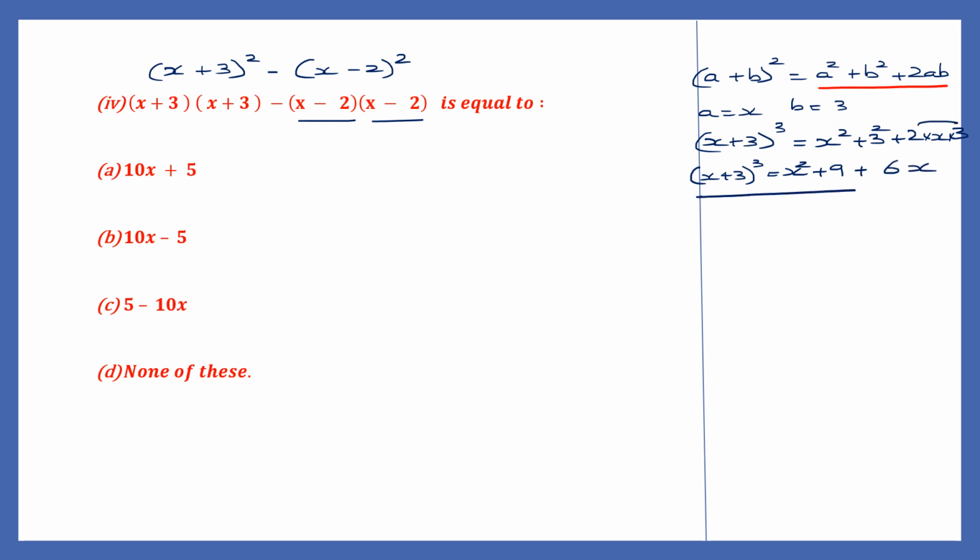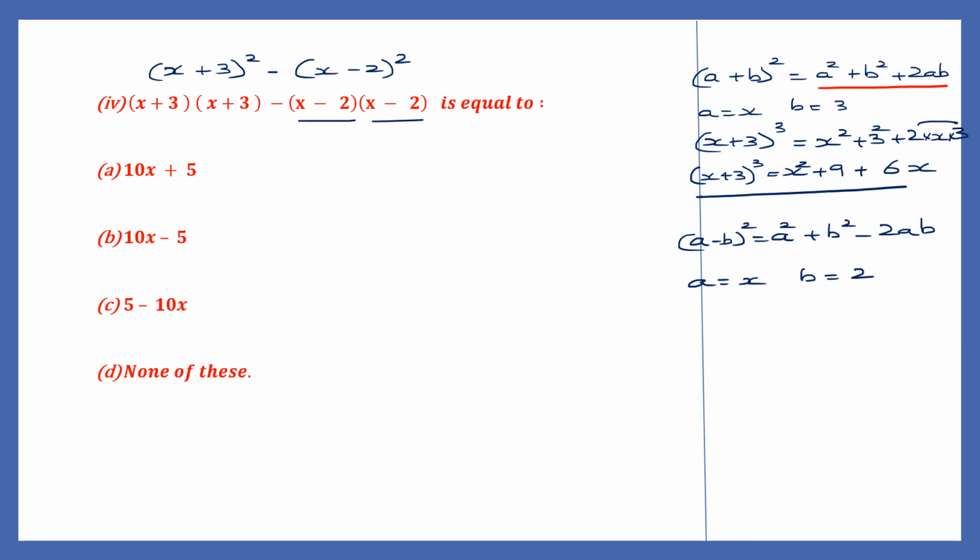So this is x plus 3 the whole square. In the same way, let's take x minus 2 the whole square. So that will be in the form of a minus b the whole square, which is a square plus b square minus 2ab. So here a is equal to x and b is equal to 2.